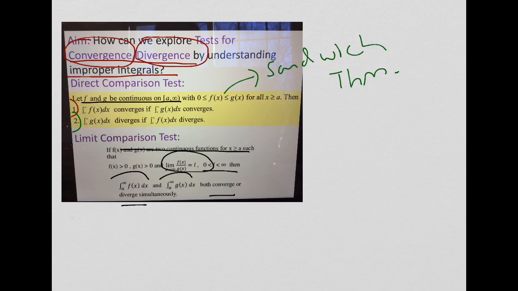So let's actually take a look at doing these tests so it'll make more sense to you. Let's pull up some examples. Here we go. Since the last thing that I had done was talk about LCT, I'm going to do number 2 first, and hopefully that makes sense, how we're going to use that to show that the following converge, and then in number 1 we'll see by using DCT if it converges or diverges.